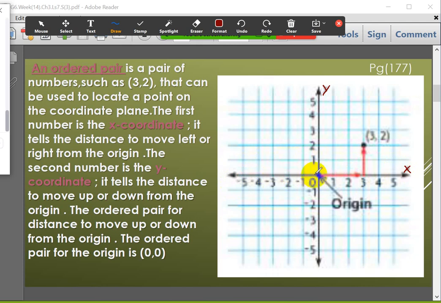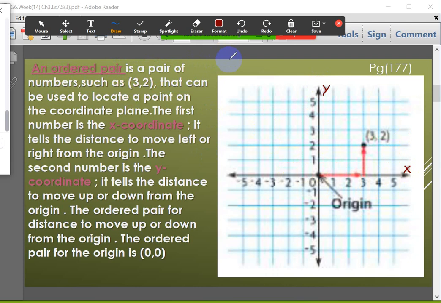Also, when we want to locate any number on the vertical number line, we have to count up if the number is positive, down if the number is negative. But what if I want to plot a number in the coordinate plane? In this plane, I have to use both the x and the y number lines. So that's why we have this ordered pair.